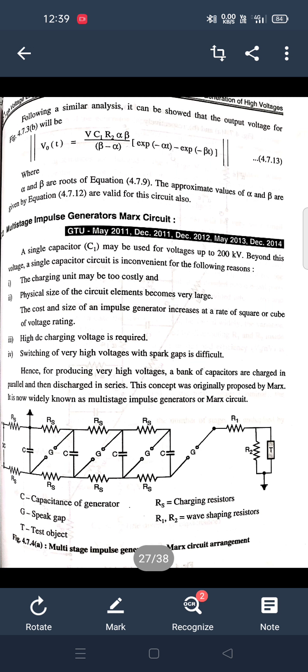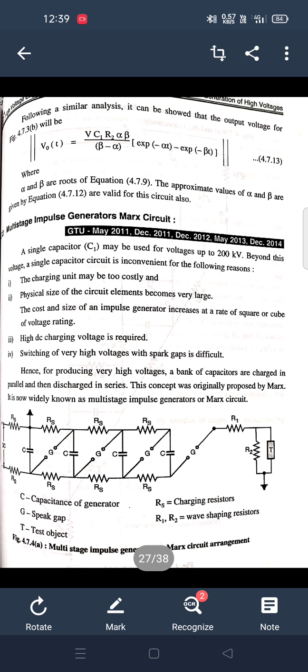High DC charging voltage is required. Switching of very high voltage with a spark gap is difficult. So these are some reasons we cannot use a single capacitor circuit beyond 200 kV.